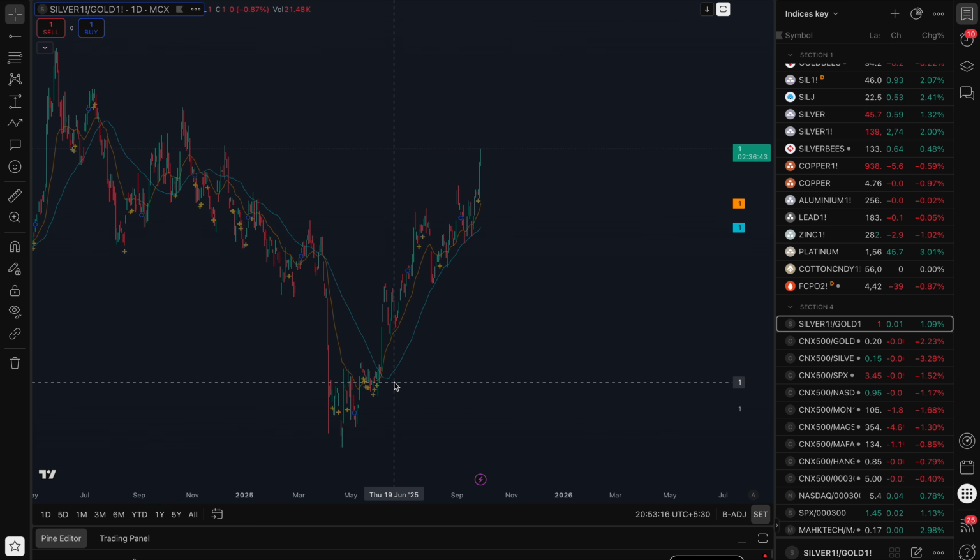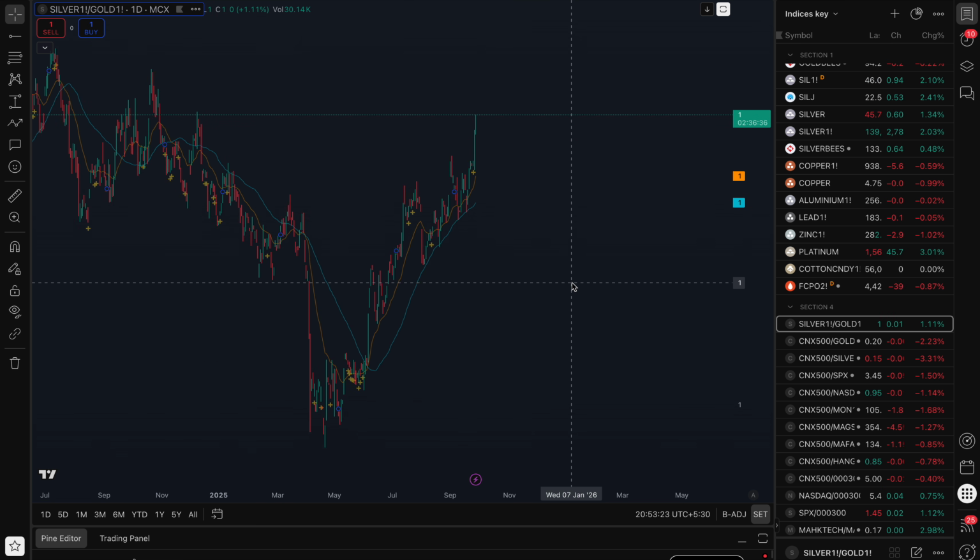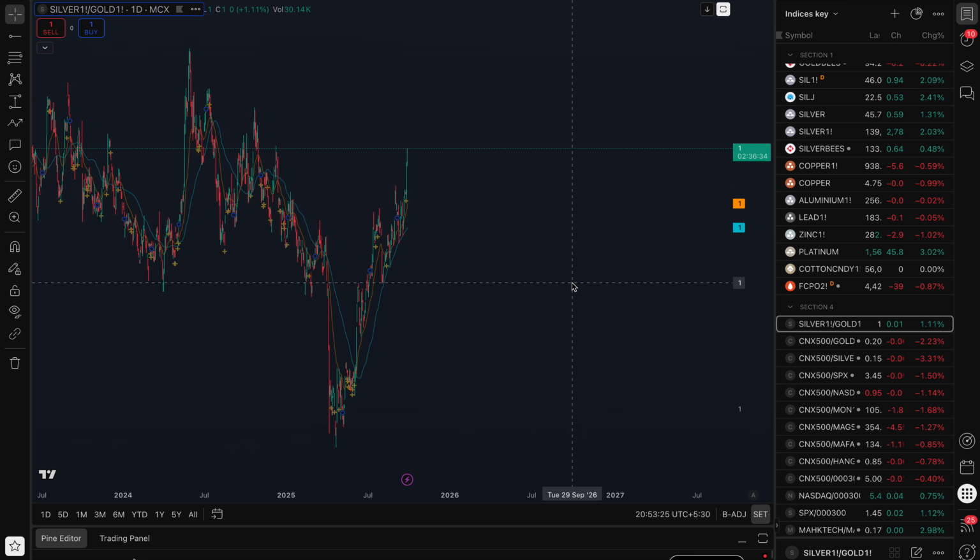But now you can see from the ratio chart exactly which day it started to outperform, and it's still outperforming. So if you have an outsized position in silver as compared to gold, that's better as long as this is still bouncing off the key EMAs and trending up.